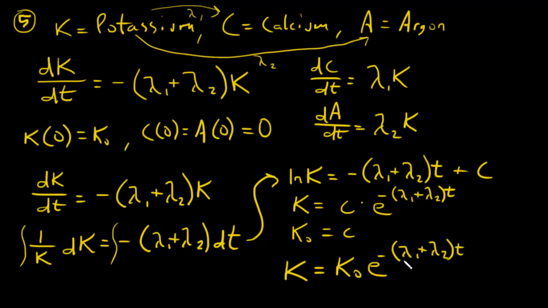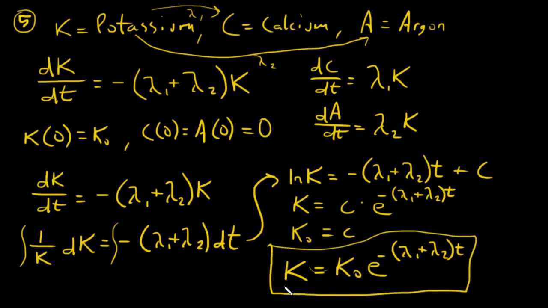And this makes an awful lot of sense when you stop and think about it. I've got the rate of one pathway, potassium to calcium, and then the rate of the other, potassium to argon. If I add those two rates together, that is the exponential rate at which the potassium is decaying, and I start with some K naught. So this expression makes an awful lot of sense, and I'm happy with that.